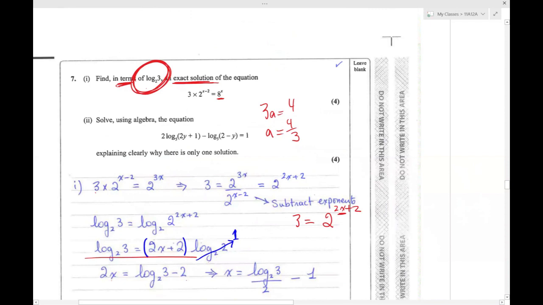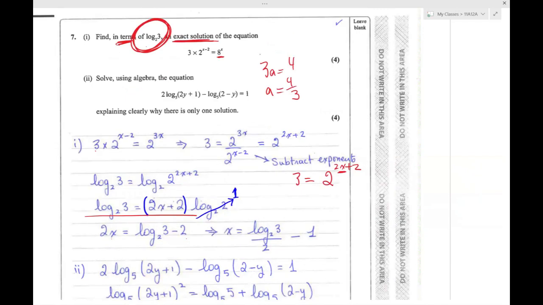So you log both sides, log base 2 of 3 and log base 2 of 2. Now using the exponent rule, you're going to have log base 2 of 3 equals 2x plus 2 log base 2 of 2, like that.